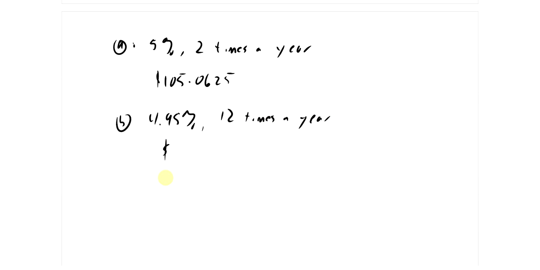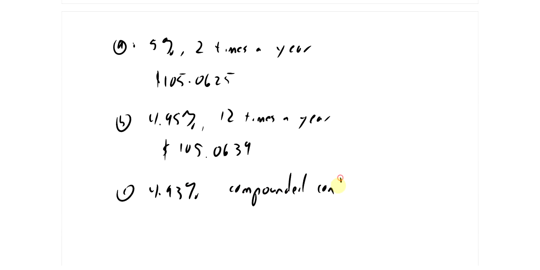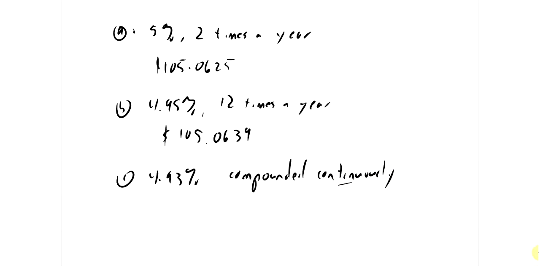And that gave you at the end of a year $105.0639. And C was 4.93%, compounded continuously. And I'll explain in a little bonus video why it's called compounded continuously. And that gave us $105.0535.